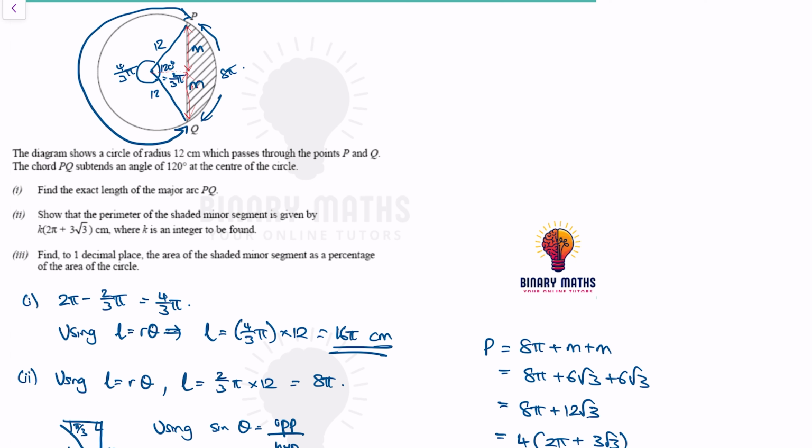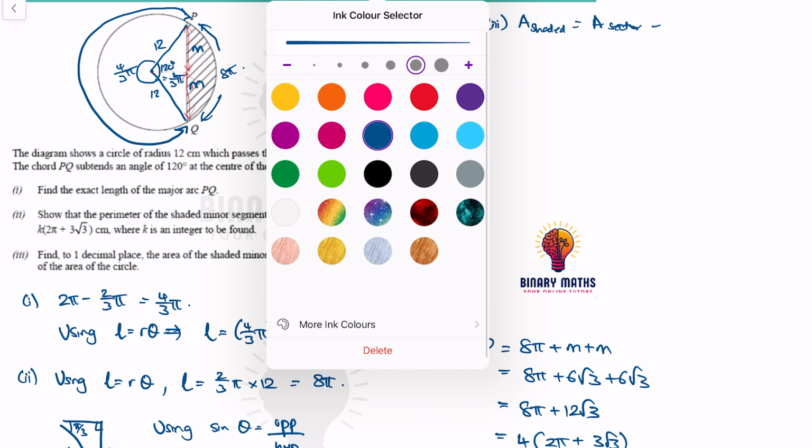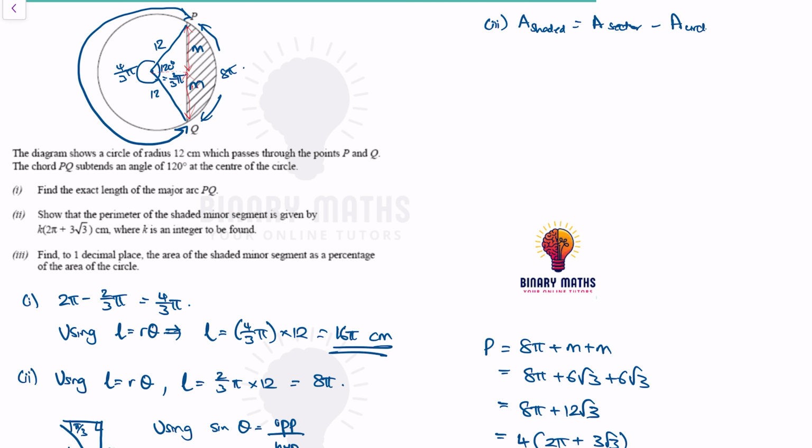Okay, part 3. It says, find to one decimal place the area of the shaded minor segment as a percentage of the area of the circle. Okay, so area of shaded part must be equal to area of sector take away area of triangle. We worked out what the radius is now.